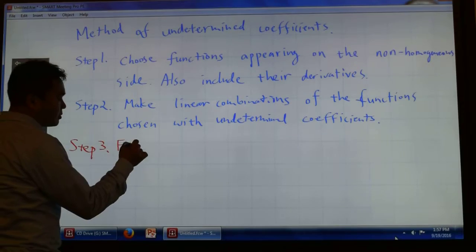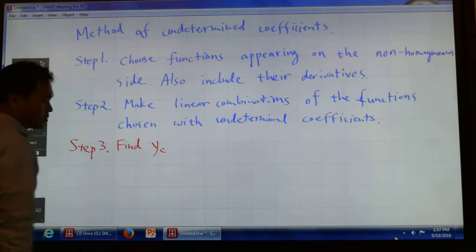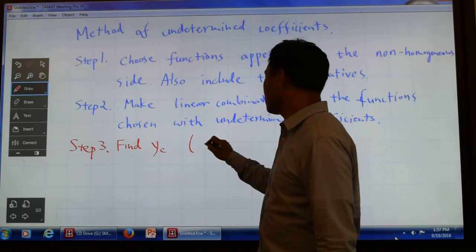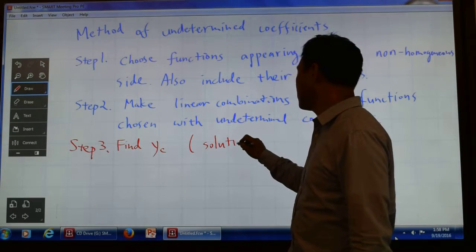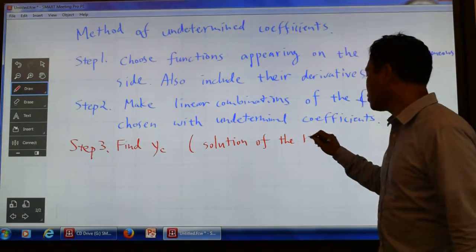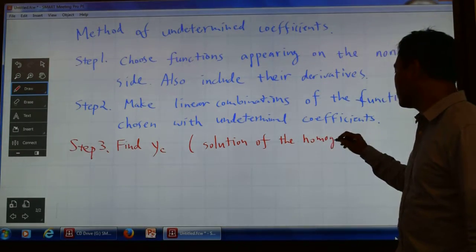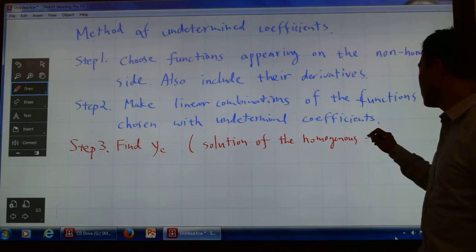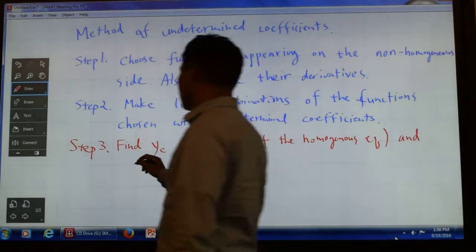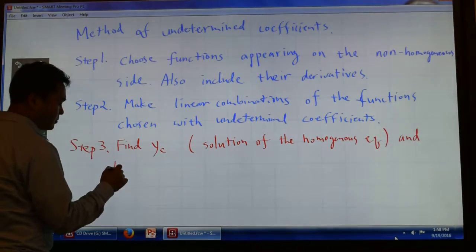find yc, okay, which is the solution of the homogeneous differential equation. And check for duplication.